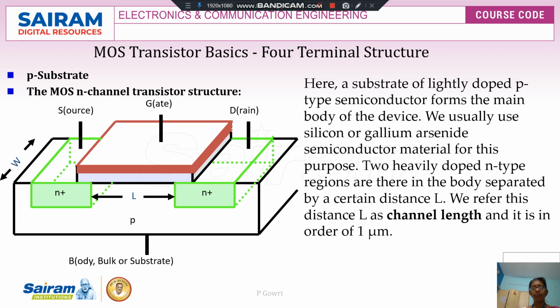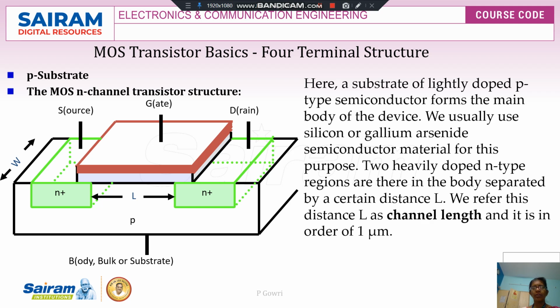Then for an N-channel MOSFET, there will be two heavily doped N plus regions separated by a distance of L. L is nothing but the channel length, and it will normally be in the range of 1 micrometer, and W is the width of the substrate.